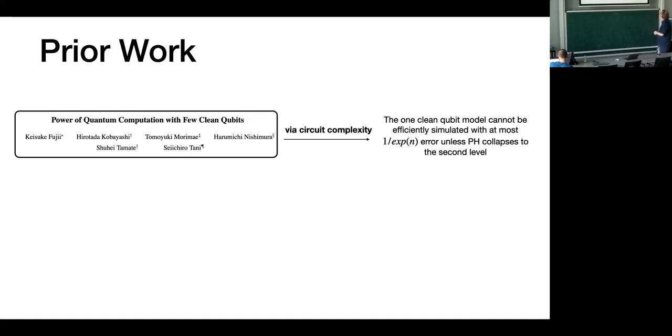And here, this model is in the setting of circuit complexity, right? You have the qubits that start in this one clean qubit, the rest totally mixed, and then you apply an arbitrary circuit, and that's what you can compute here. So their result is that the one clean qubit model cannot be simulated with additive error 1 over exponential, unless the polynomial hierarchy collapses.